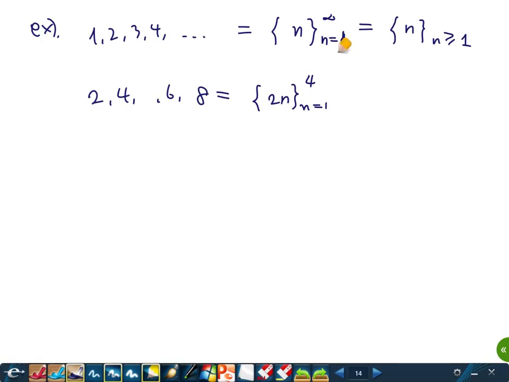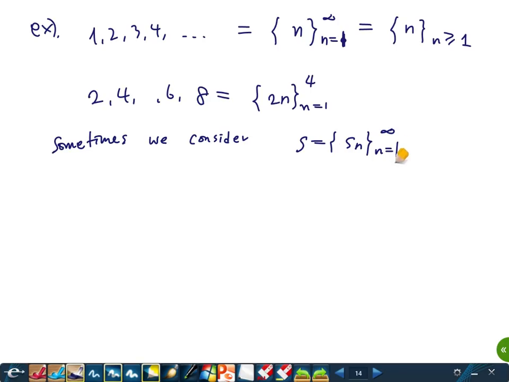And of course, we don't have to start with 1. Sometimes we consider a sequence S_n where n is from k to infinity. The subscript n is usually called the index.